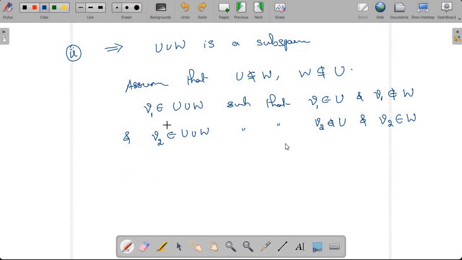This V1 and V2 are coming from this union U union W, and you know one thing, this U union W is a subspace. So when it is a subspace, then definitely V1 plus alpha V2 is also an element of U union W, since U union W is a subspace.